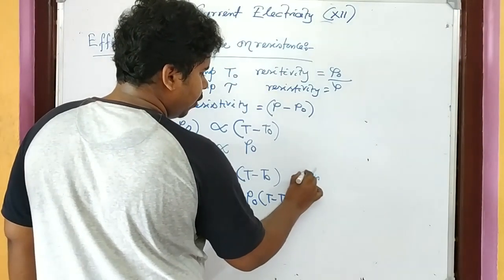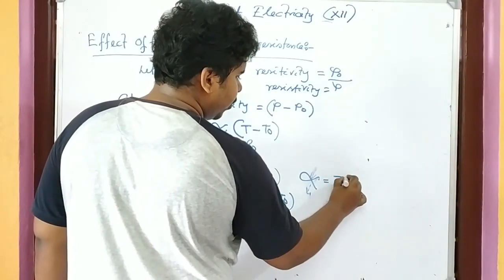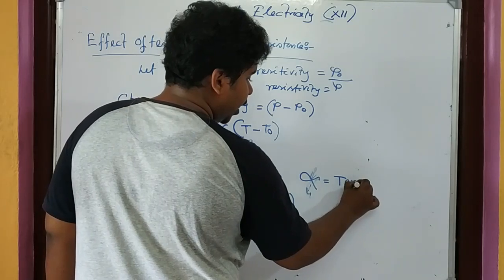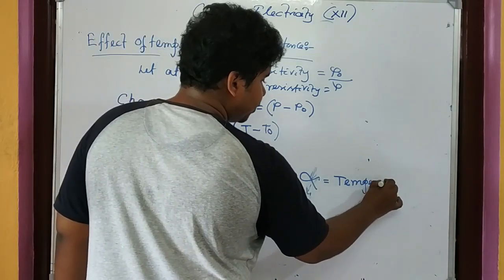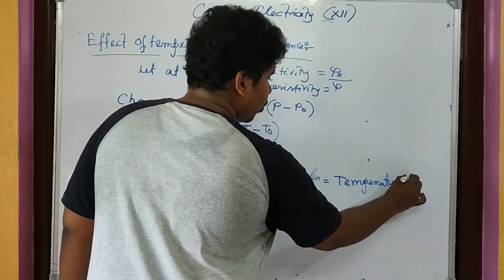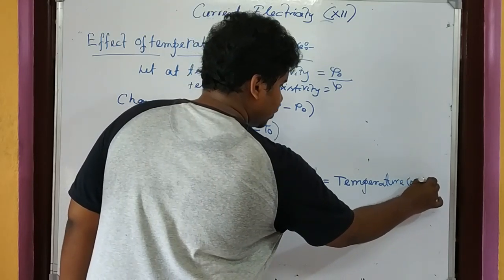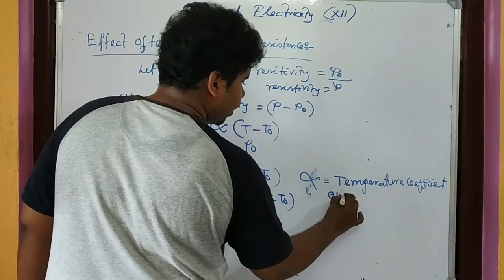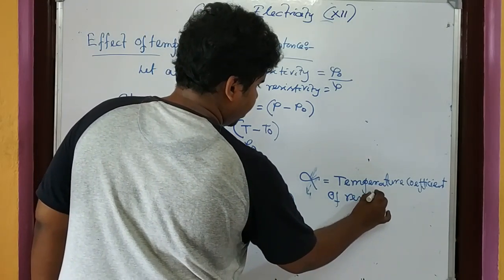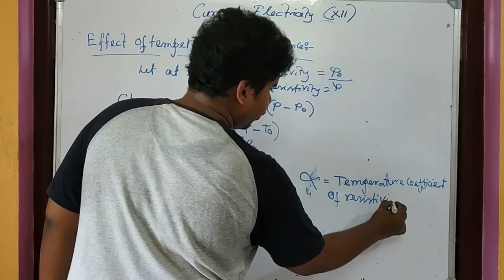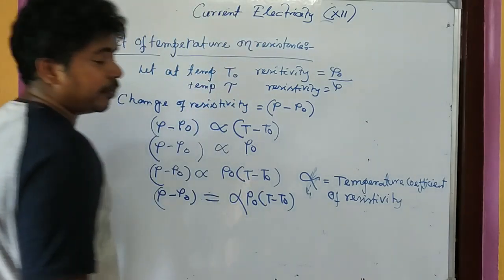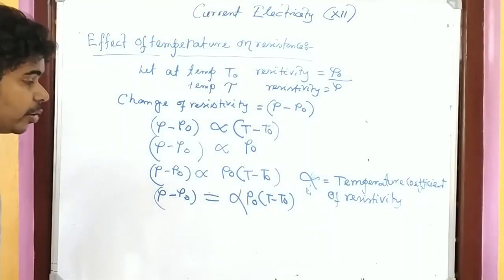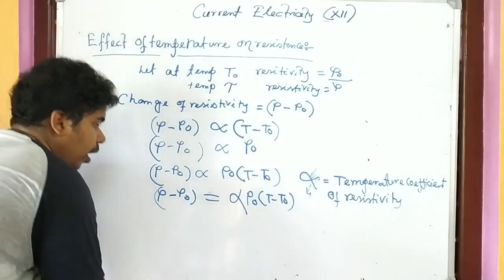What is alpha here? Alpha is a constant, known as the temperature coefficient of resistivity. Now, how can we find the value of alpha?